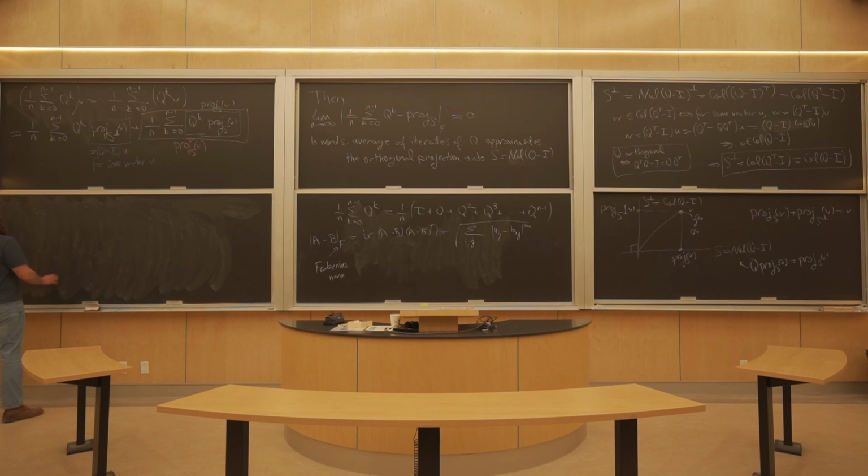Okay, so we have this. Now the next step is to open this up, because you see I'm adding here all iterates of Q from 0 to n minus 1, but then here there's a minus.